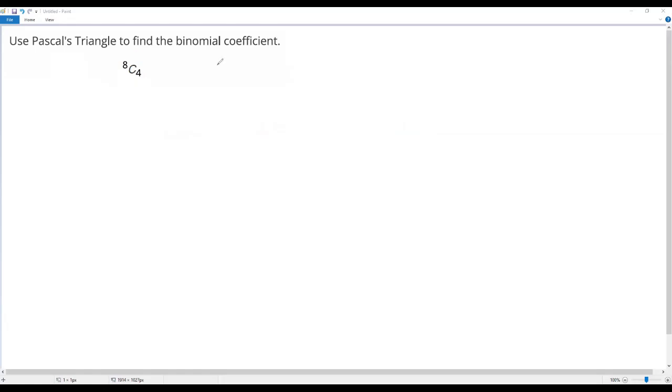Now let me write the Pascal triangle. First, the 0th row: we just have 1. The first row will have 1 and 1. In the second row we have 1, and to write the element in the middle, I have to add this 1 and 1. 1 plus 1 is 2, and then I write 1 over here.